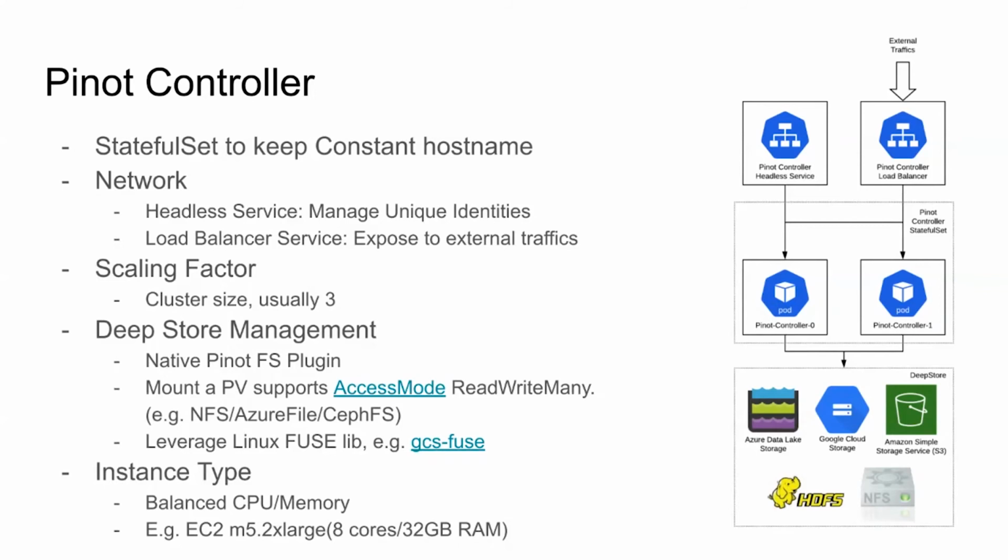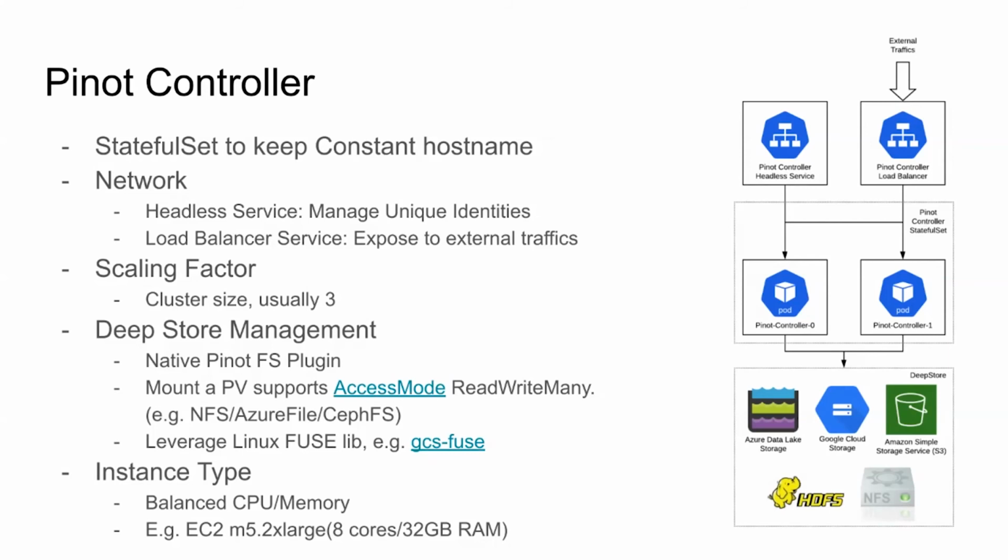For example, you can use Google Cloud Storage FUSE, which will mount your Google Cloud bucket as a file system path, which you can use. However, that plugin or this kind of library may not be super stable, so use it at your own risk.